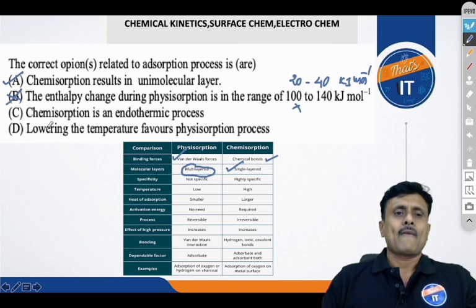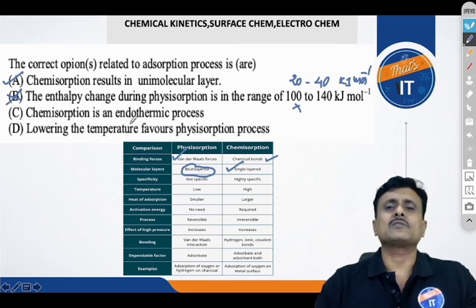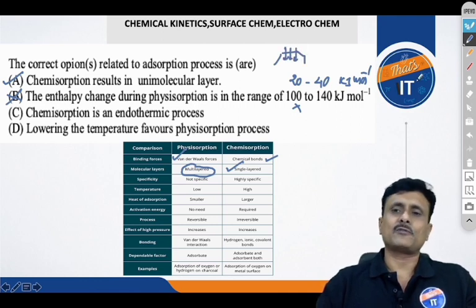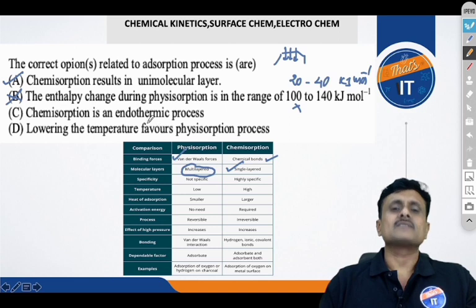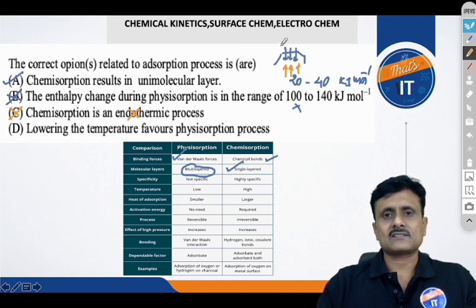All right. Now you know that whether it is physisorption or chemisorption, it is basically heat releasing, because new bonds are formed on the surface. When a new bond is formed, definitely energy is released but not gained. It is exothermic but not endothermic. Lowering the temperature favors physisorption. Yes, when you apply temperature, the gas tends to elope.